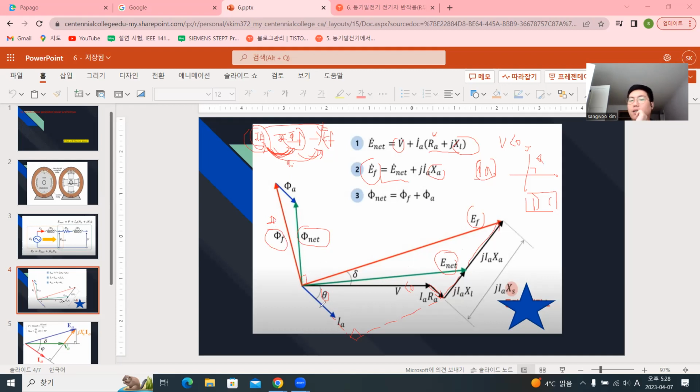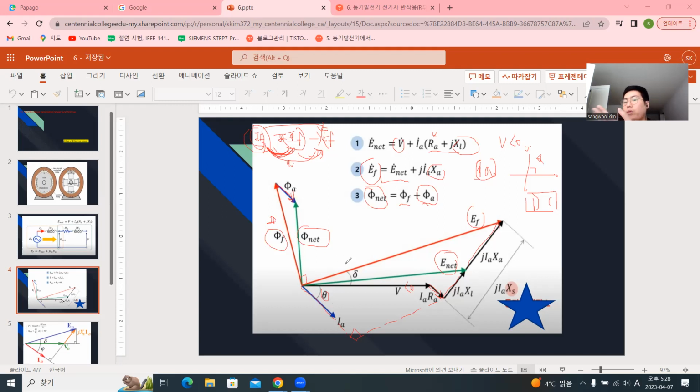But look here: Φnet is Φf plus Φarmature, right? As you know, the armature is a lagging current. Because of the lagging current here, we just add it here.